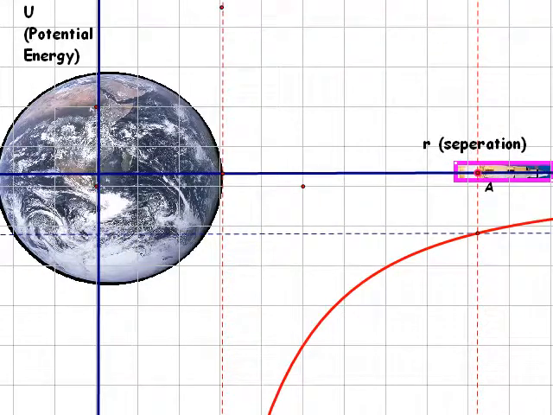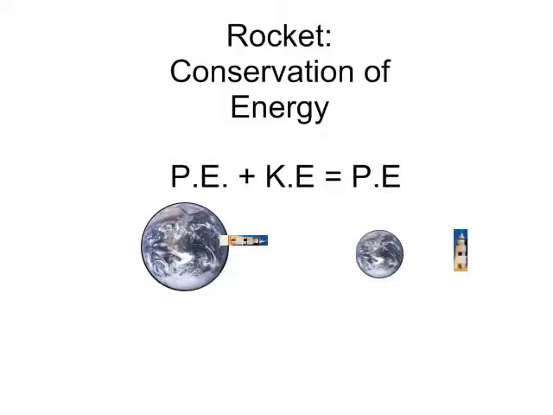And so looking at our conservation of energy equation, potential energy plus the kinetic energy when the rocket's just sitting near the Earth or on the surface of the Earth is equal to the potential energy when the rocket ultimately reaches its maximum separation from the Earth. Now, we talk about escape velocity, and escape velocity is the point at which that rocket can ultimately make it to infinity.